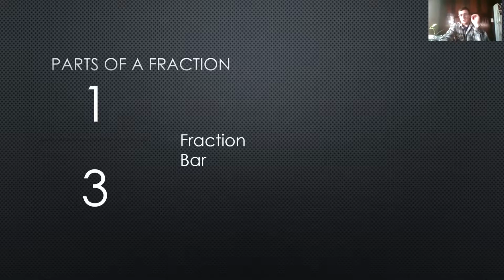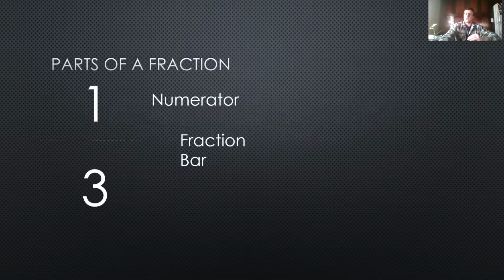Now we're going to focus on the 1, and that is the top part of the fraction bar, or they call it the numerator. Now we're going to focus on the 3, which is below the fraction bar, which is called the denominator. So now since we have an understanding of what the parts of a fraction are, we're going to move on to a problem real quick.